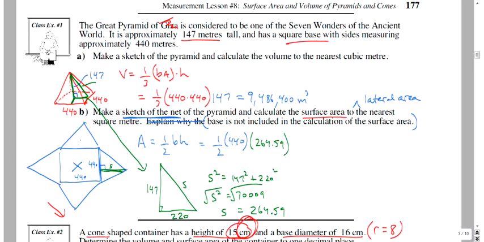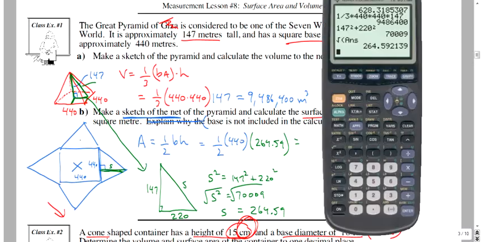That's the area of one triangle. Better yet, don't clear your calculator. Use that number and just calculate the area of the triangle, right? I already have this. This is going to be even more accurate. Times 440 divided by 2, right? 2's on the bottom.